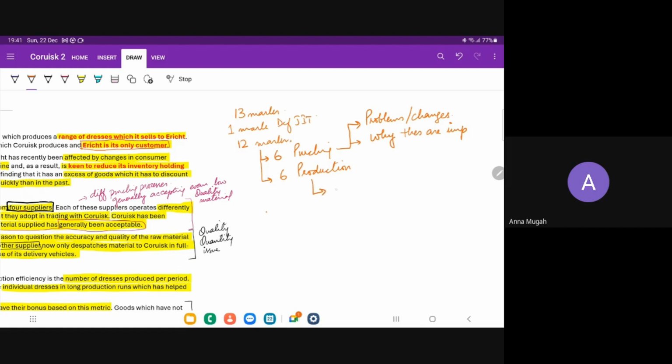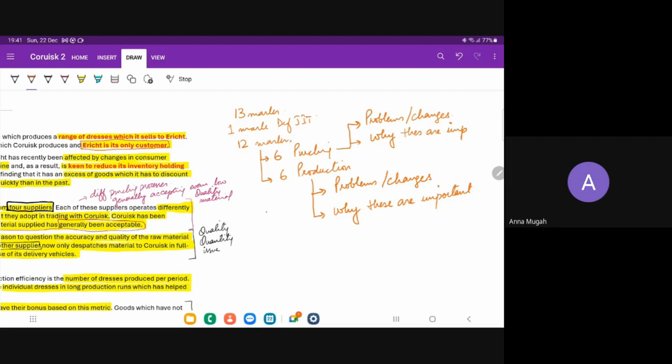Similarly, for production, you have to identify problems or changes which you are going to recommend, and why these are important, right?